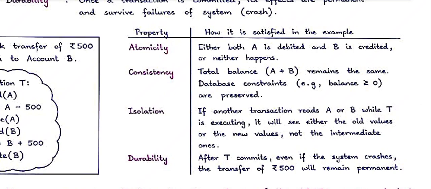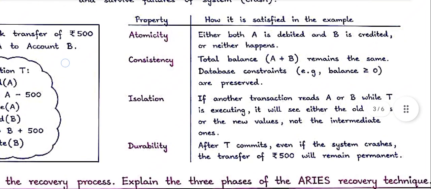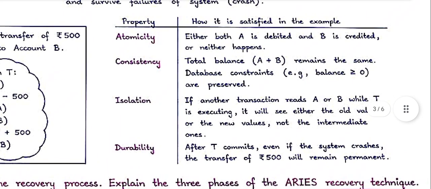Isolation: if another transaction reads A or B while T is executing, it will see either the old values or the new values, not the intermediate ones. Durability: after T commits, even if the system crashes, the transfer of 500 rupees will remain permanent.